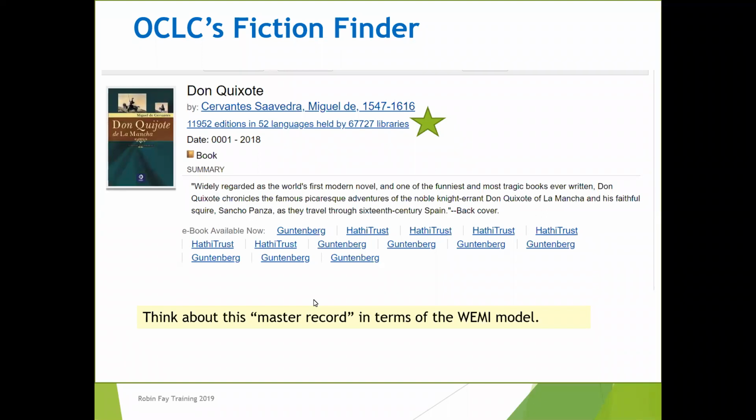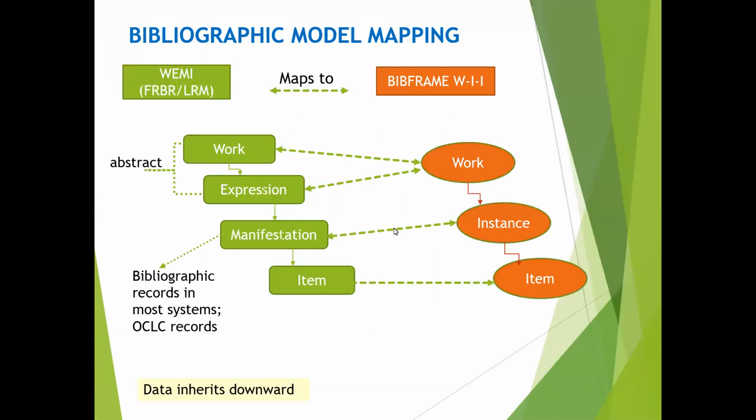Here's the record that talks about everything, and it includes the things that are in common across all of those. That's the work level, and then the expression is this weird bucket where we have the act of creating something, the act of performing something, the act of writing something. So editions can sometimes go in here. It depends on how you're defining that.